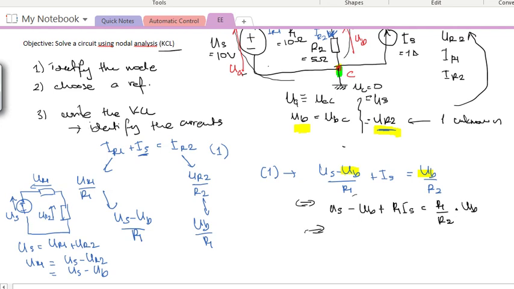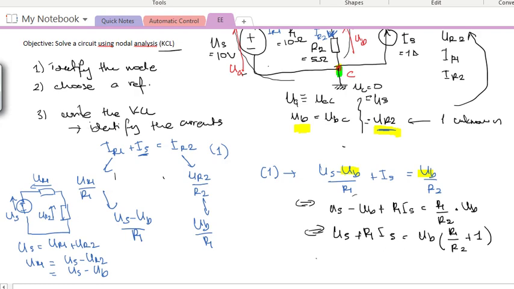If I bring all the UBs on one side, I'll have US plus R1 IS equals to UB multiplied by R1 over R2 plus 1.